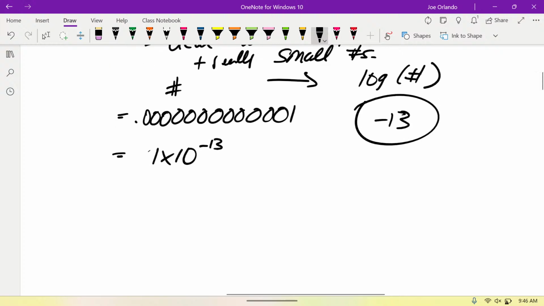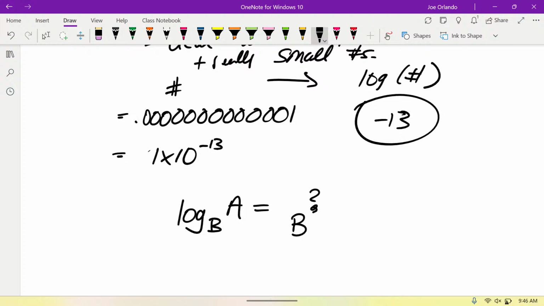So a logarithm is what exponent do you have to put on some base? So the log base b of some number a is what exponent you would have to put on the base b to get a, okay?